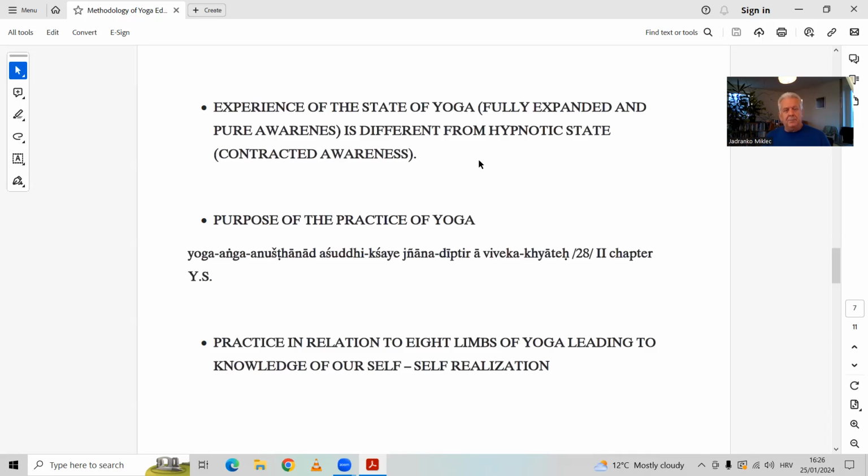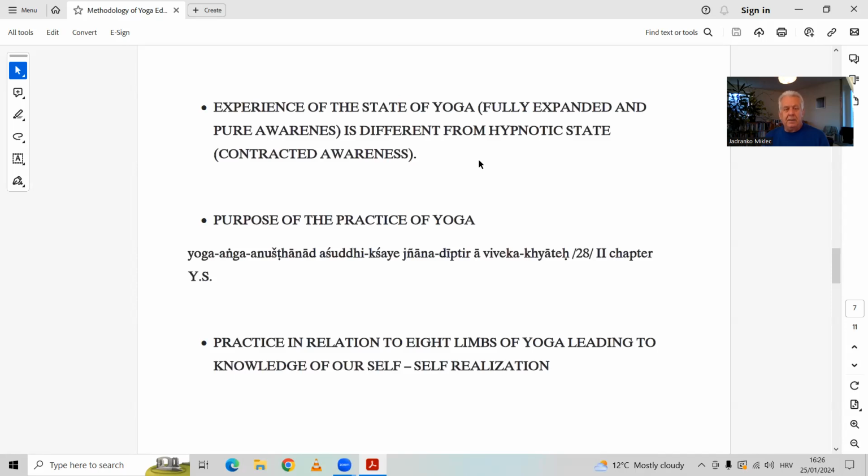Practice of the limbs of yoga. Yoganga, anga means the limbs. Anushthana means the practice of the limbs of yoga is for ashuddhi kshaye. Shuddhi means pure and ashuddhi impure, and kshaya means to reduce.